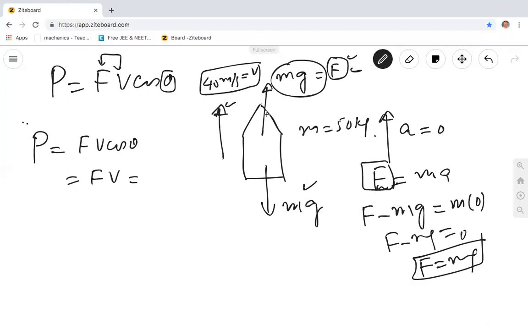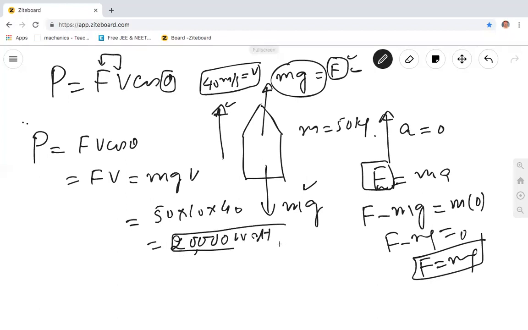Say it confidently, it is 0. Obviously, that F is mg, times v. How much was the m? 50 kg. It's 10, it's 40, 2000, yes, 20,000. Answer.